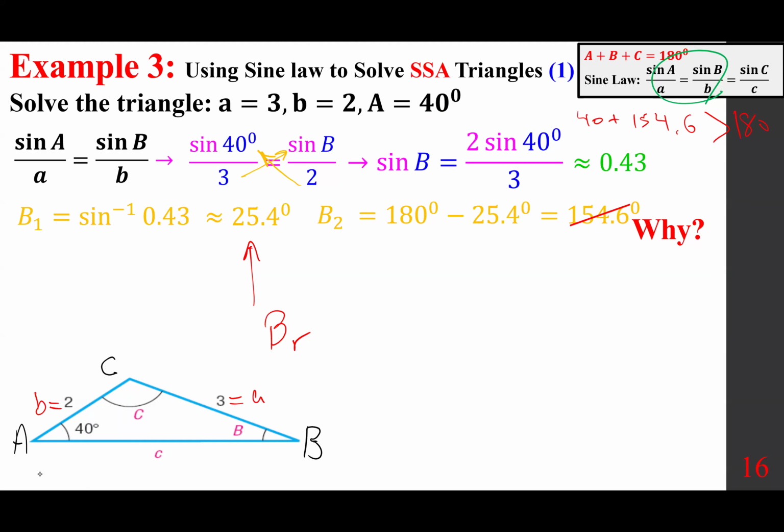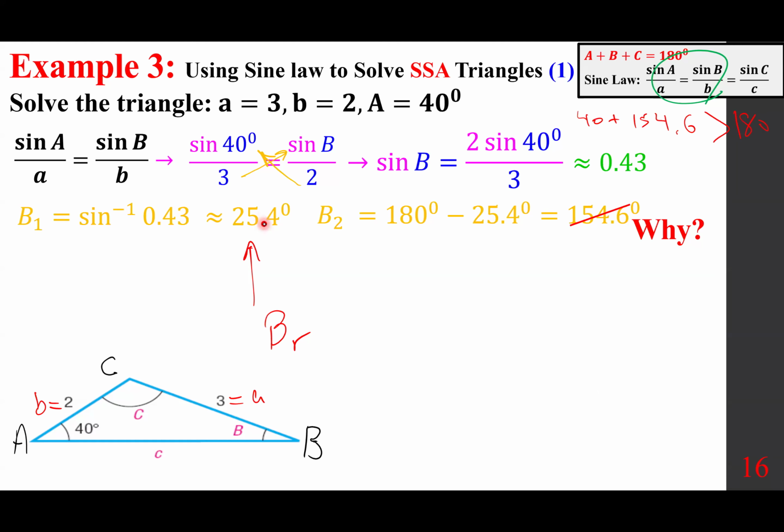That doesn't work. If the sum is less than 180, then this works, and that creates the second triangle. This doesn't work. We have only one triangle because only one of the angles works.